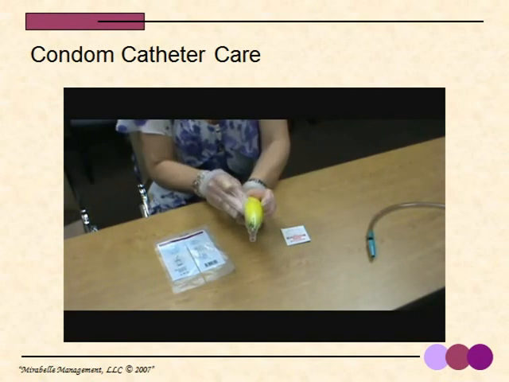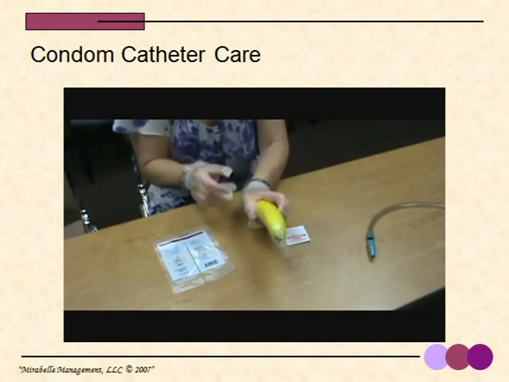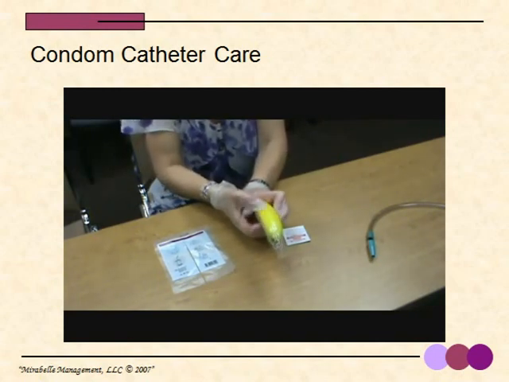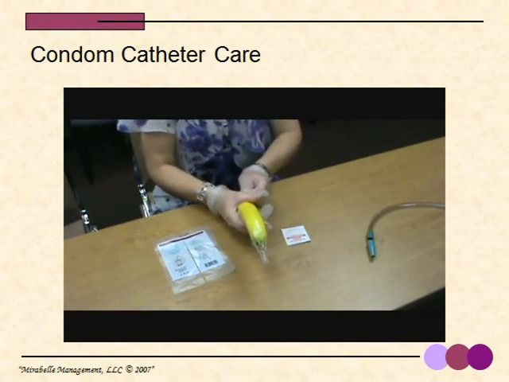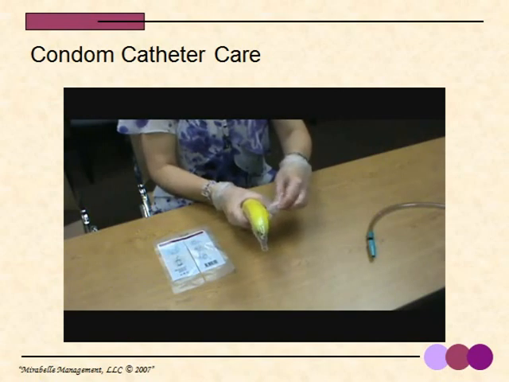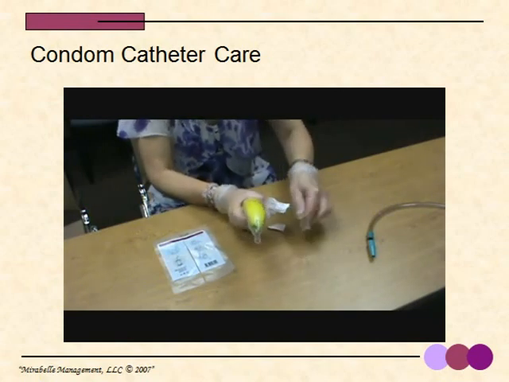As you can see, the underside of that condom catheter sheath is very sticky and it's easy to get your gloves caught under there. Next, you want to connect the condom catheter to the drainage bag.